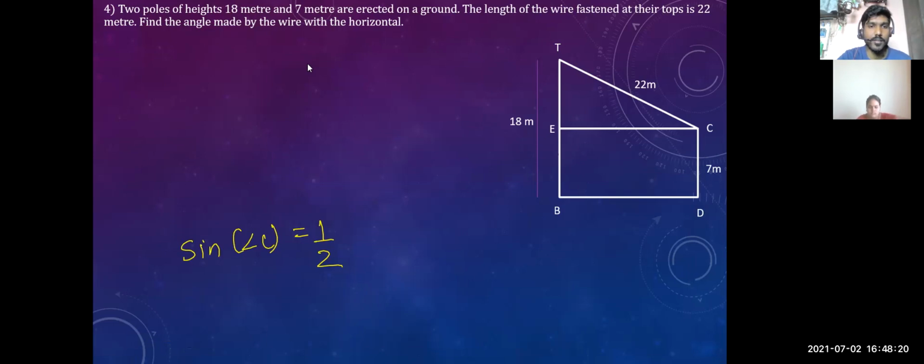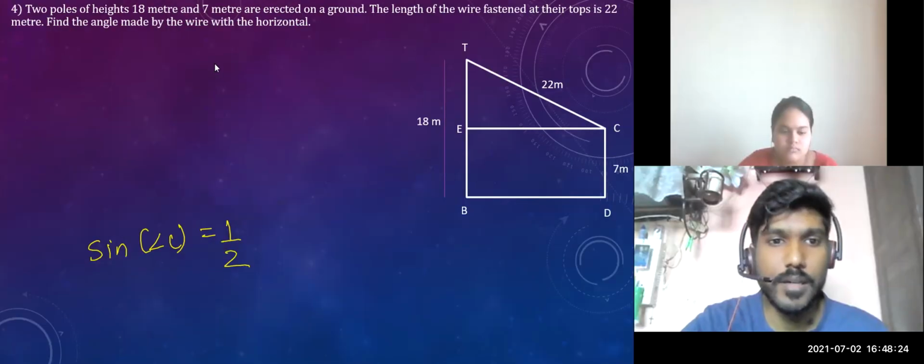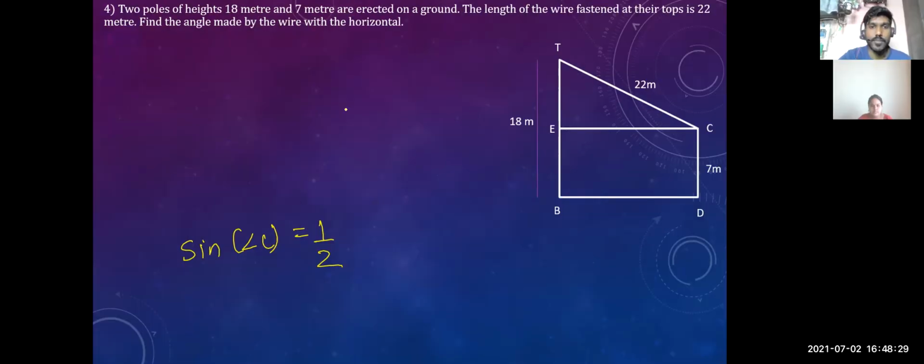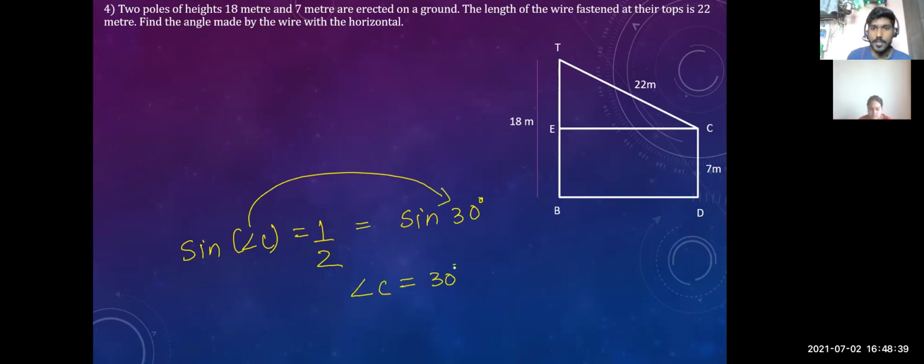Do you remember? 30. Yes, sine 30. So this becomes equal to sine of 30 degree. That means angle C, the angle made by the wire with the horizontal, is 30 degree.